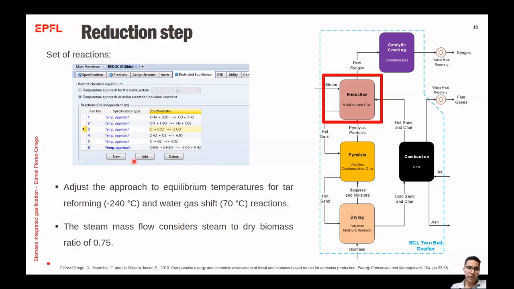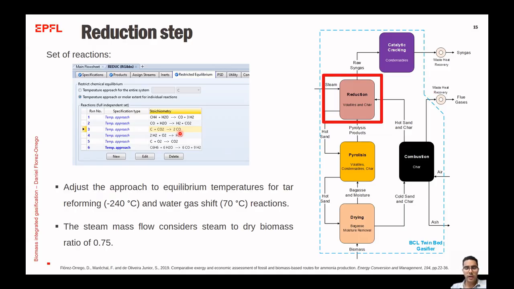but in order to reflect the real composition of this reduction step, we need to adjust the approach to equilibrium temperature. There are some parameters that allow us to go closer to reality, because we don't want to overestimate or underestimate the production of certain compounds, such as tar or methane. For that, we use the approach to equilibrium temperatures to shift the reactions further from equilibrium.